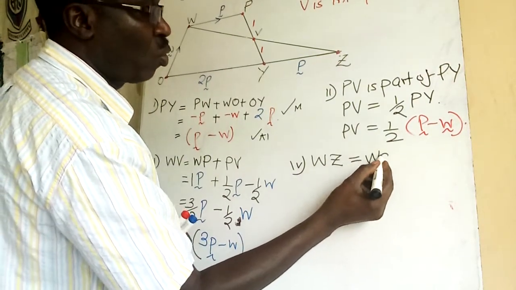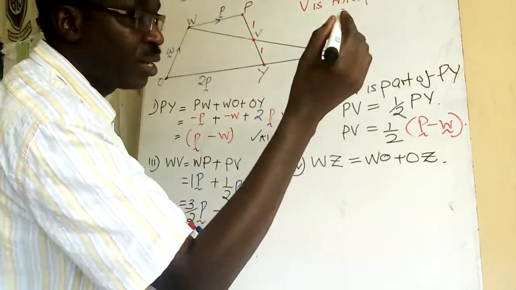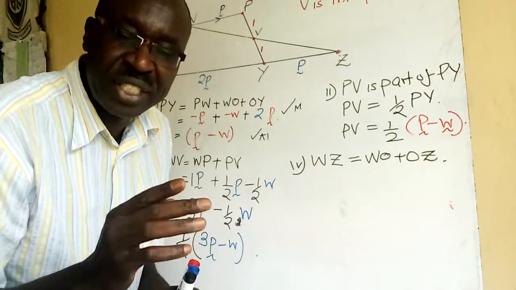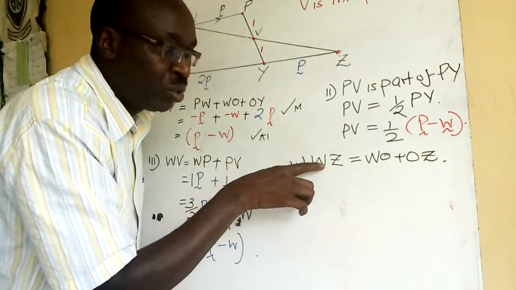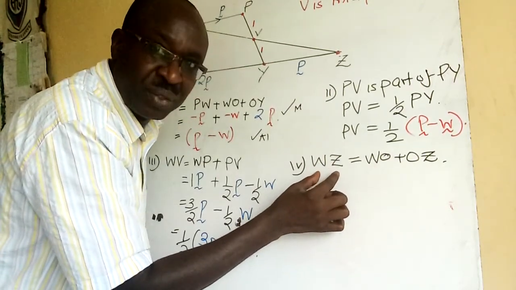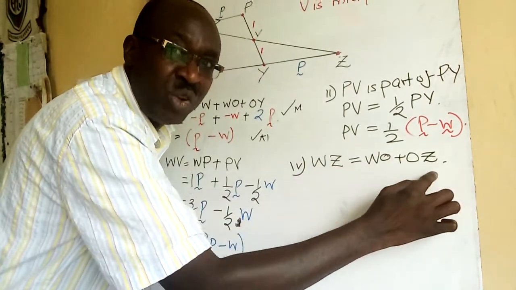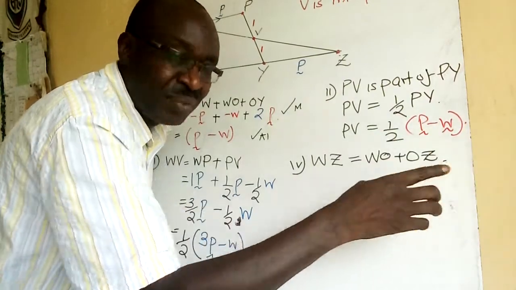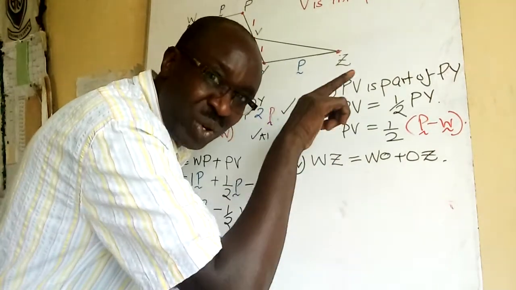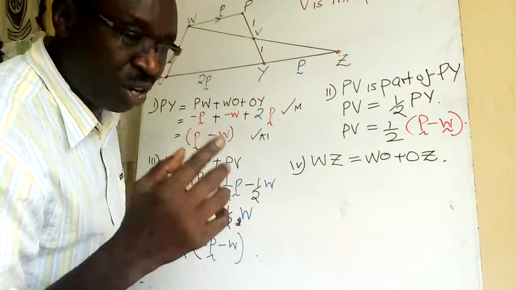It is WO plus, now I can say, O up to Z. And always, always, always, when you are describing the route, the first letter is the starting point, and the last letter will be the destination, even if there were 3 vectors. Always remember, those are simple things to counter check that you are correct.